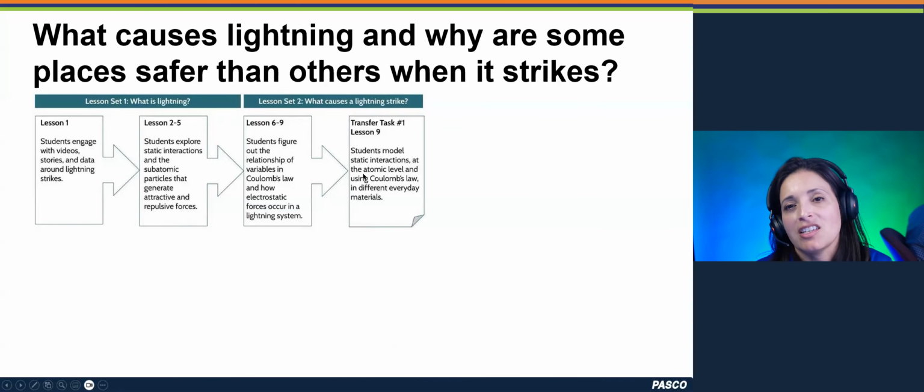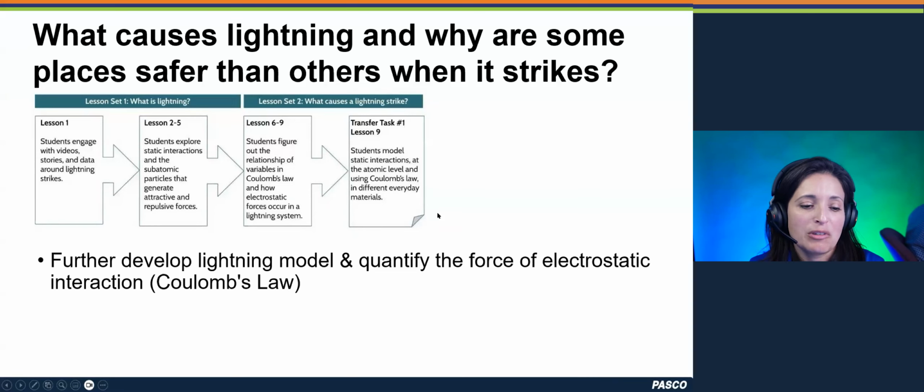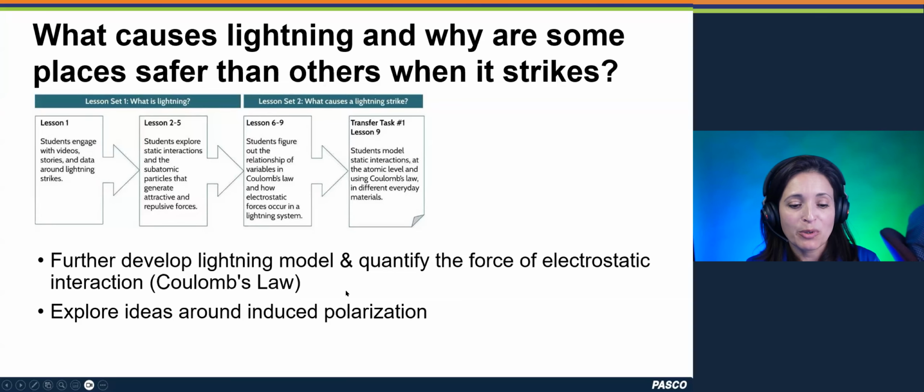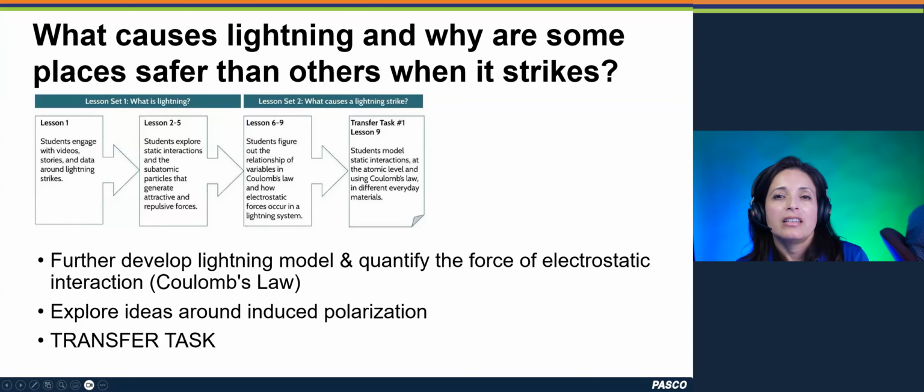And with more and more investigations and discussions and research and simulations, we further developed that lightning model, and students do an investigation where they figure out Coulomb's law. They quantify the force of electrostatic interaction using charge and mass. Students explore ideas around induced polarization, and then there is something called a transfer task.